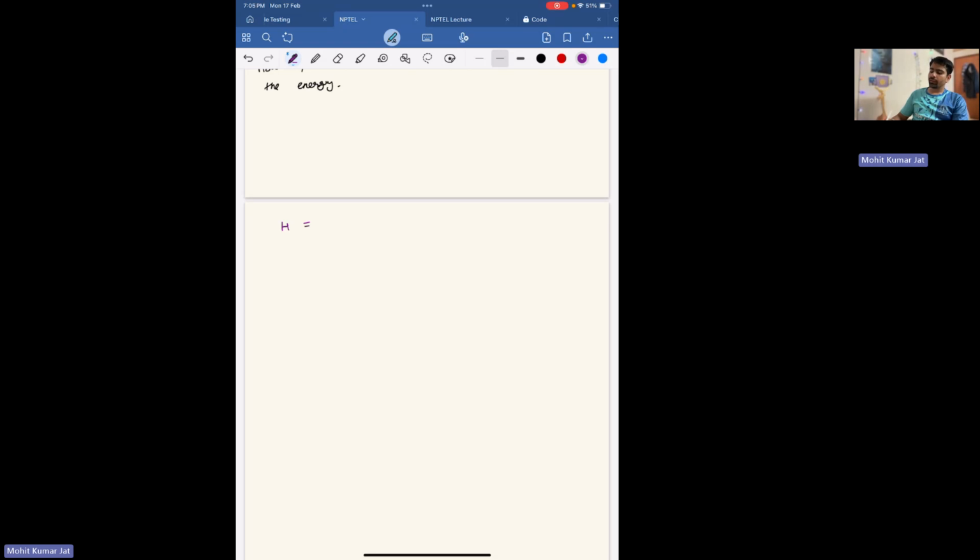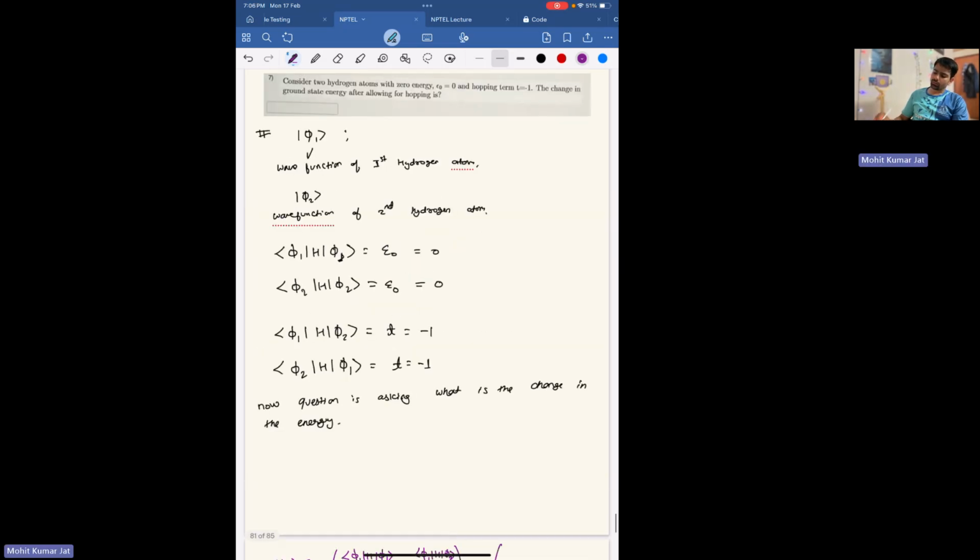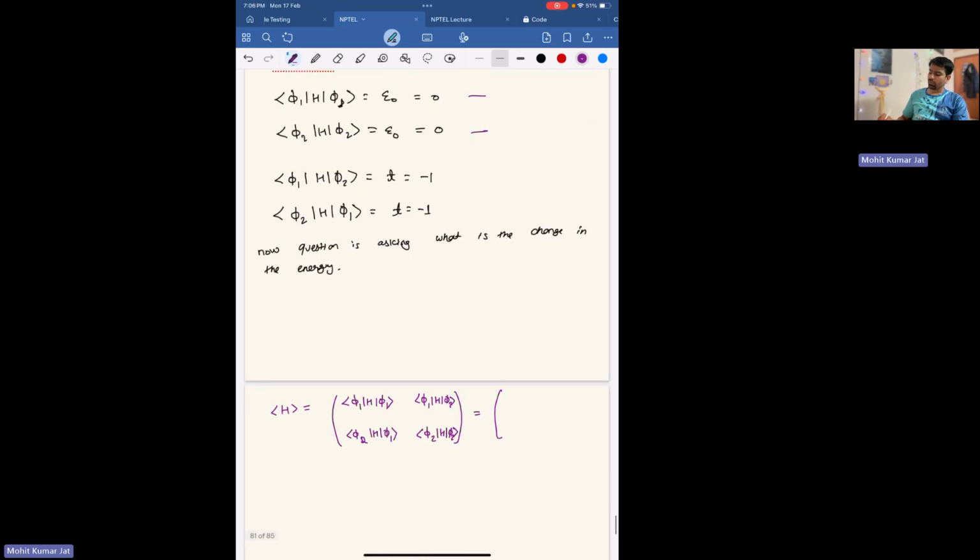H will be the matrix of the expectation values: phi1 H phi1, phi1 H phi2, phi2 H phi1, phi2 H phi2. And we have seen that these values are 0, minus 1, minus 1, 0. So I can write epsilon 0, minus 1, minus 1, epsilon 0, which is 0, minus 1, minus 1, 0.